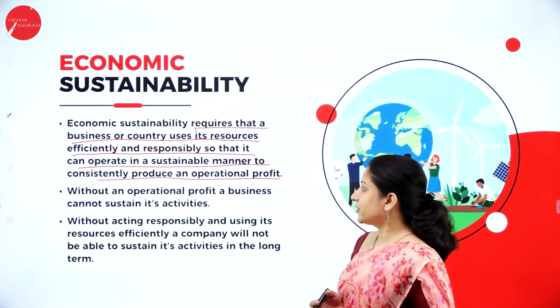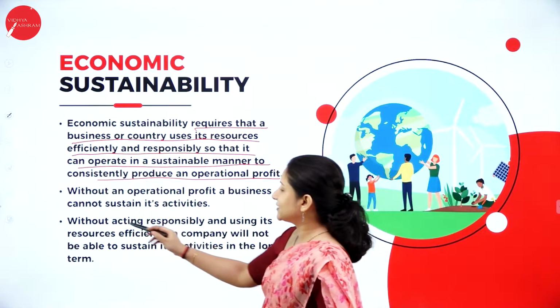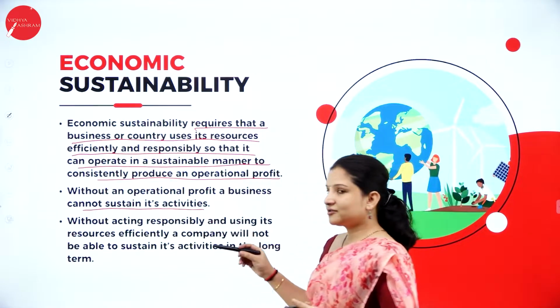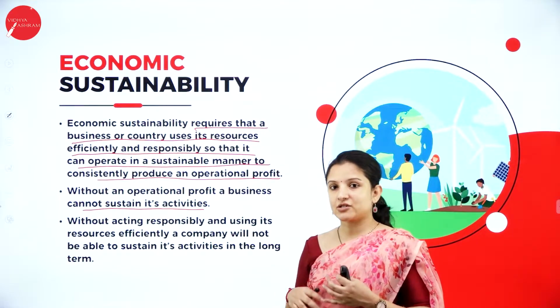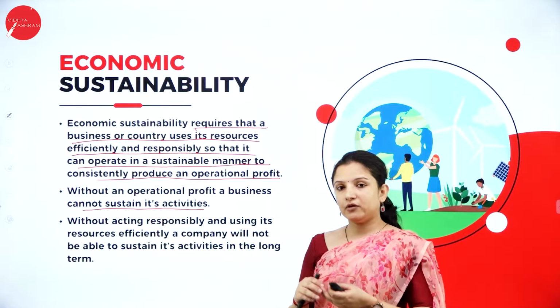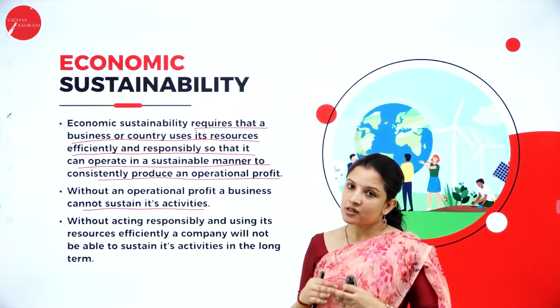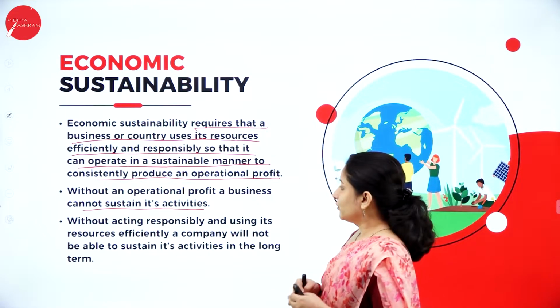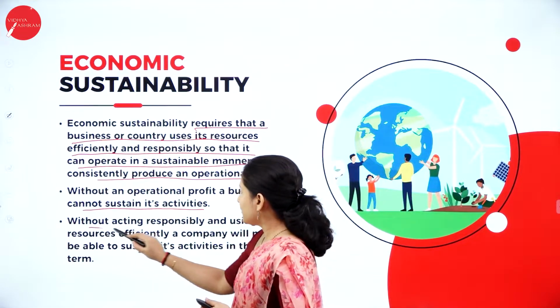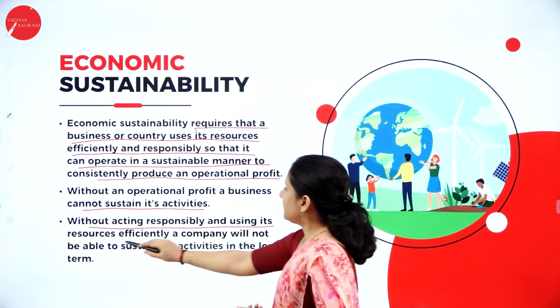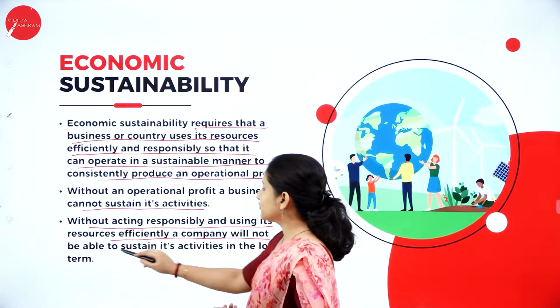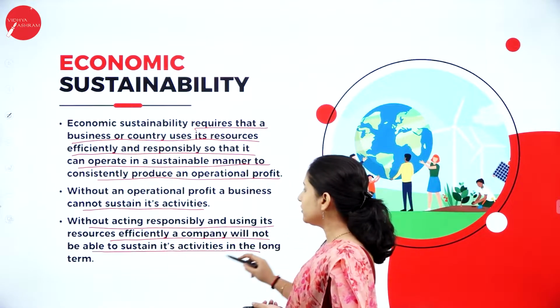Without an operational profit, a business cannot sustain its activity. So when you're gaining a profit, you need to gain it in such a way that you're taking care of the environment as well as the economy. Without acting responsibly and using its resources efficiently, a company will not be able to sustain its activity in the long term.